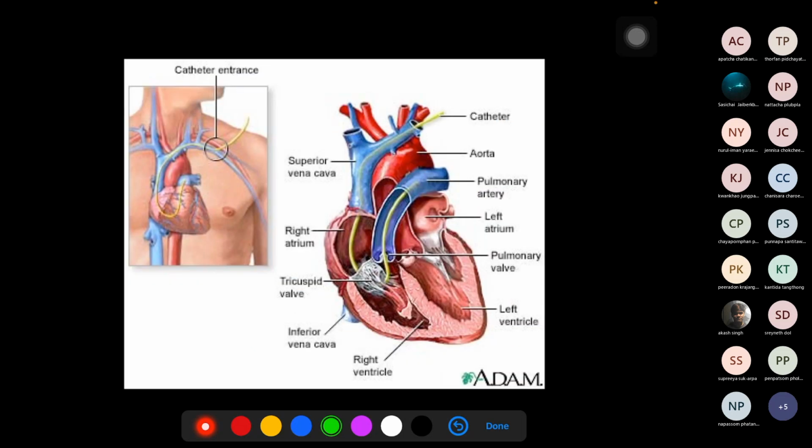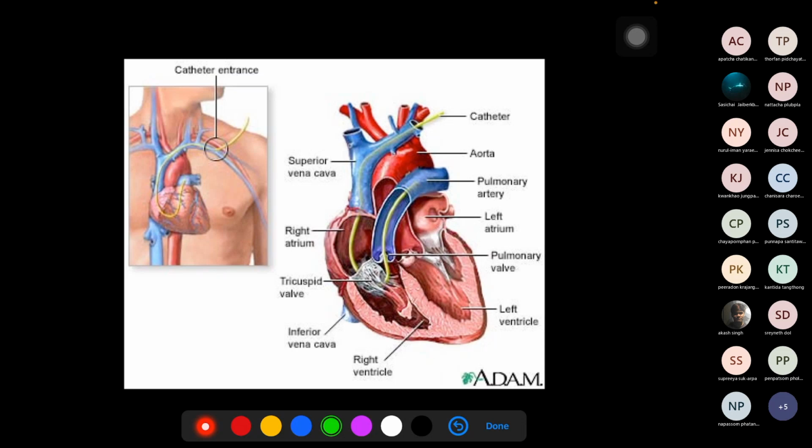So the main thing we learn about the diastole is because we want to know about the LV filling pressure in the heart.